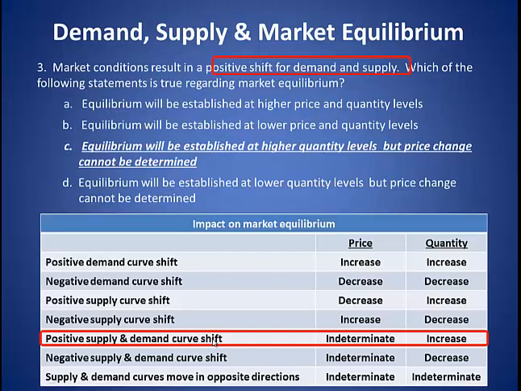In order to achieve market equilibrium, we cannot determine whether the price will increase or decrease. We don't know. But we do know the quantity will increase to achieve equilibrium. So in this case, the correct answer would be C. Equilibrium will be established at higher quantity levels, but price change cannot be determined.